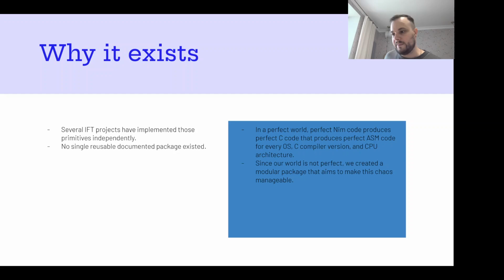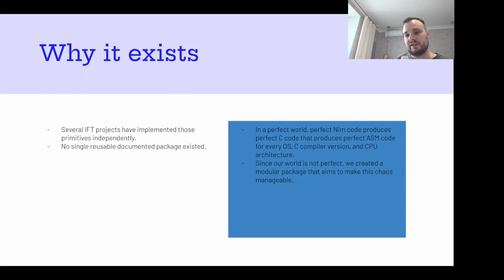So the need to get a manageable collection of those implementations actually arises from two places. First, the problem was stated within IFT projects. Our projects do use big integers here and there, and historically, the projects that would rely on big arithmetic would implement those arithmetic primitives internally.